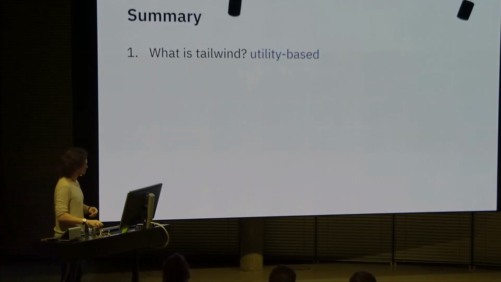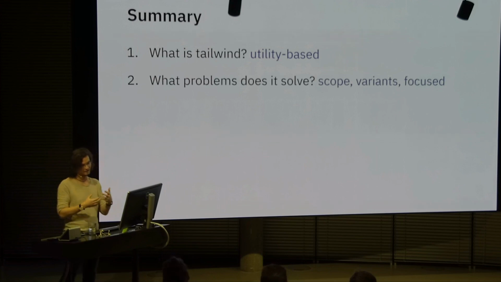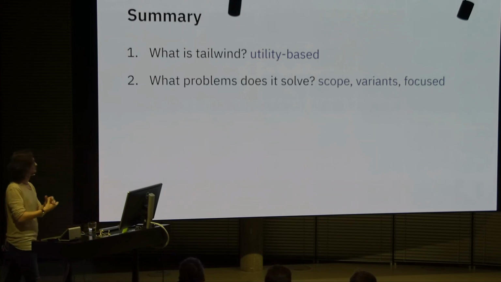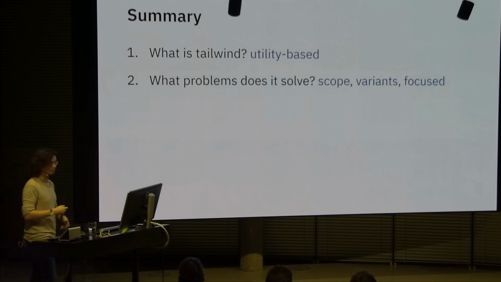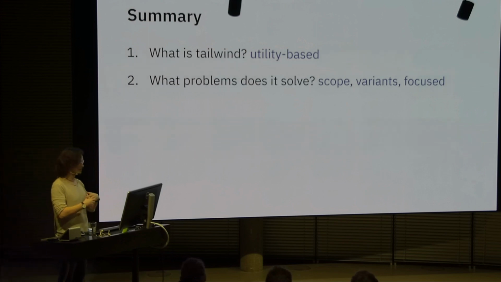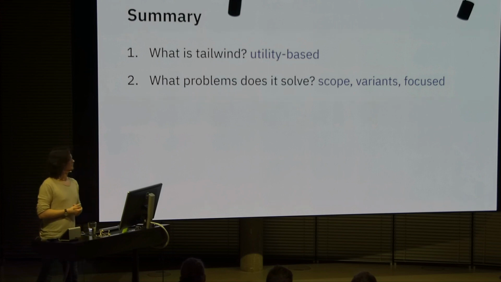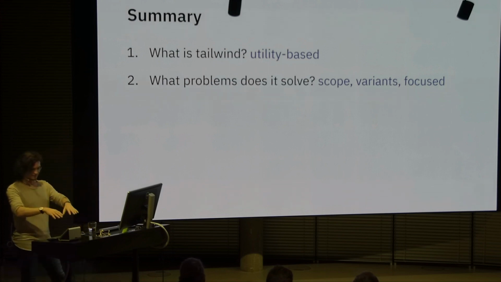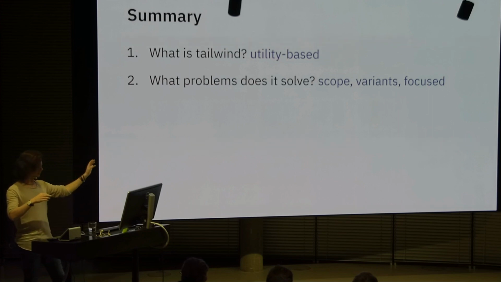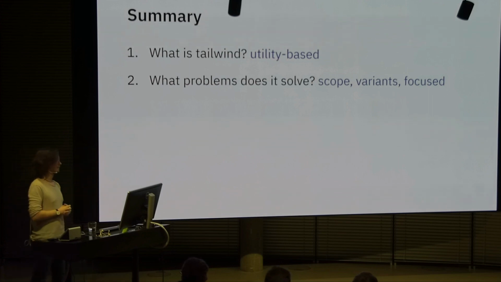Okay, so what is Tailwind? It's utility-based. You start using utility classes to combine to really build your components. So what problems does it solve? It's solving scope, because you just start writing. You don't have to think about names. And when you're sitting there coding that one component, you don't have to worry about any side effects anywhere else in another component.